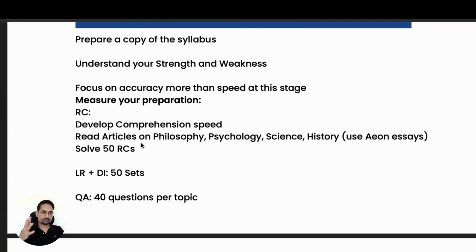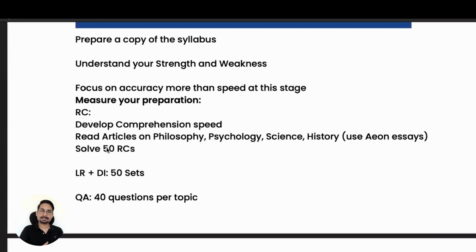So you take an article of 500 words, and you focus on in how much time am I able to read this article. So more than focusing on reading speed, focus on the comprehension speed. Am I able to understand this passage, this article or not? That is what you should measure.